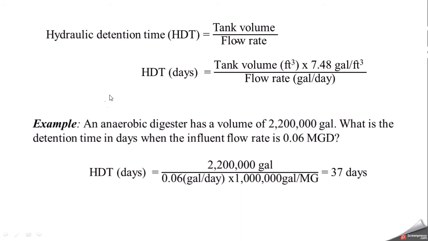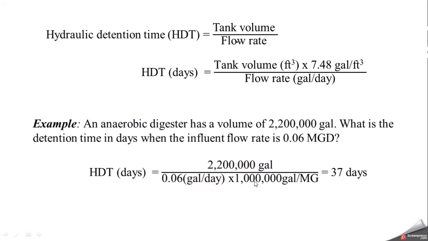For example, an anaerobic digester has a volume of 2,200,000 gallons, 2.2 million gallons, its capacity. What is the detention time in days when the influent flow rate is 0.06 million gallons per day? We have the capacity, that is the tank volume, and the flow rate, and we simply divide and convert the relevant units.